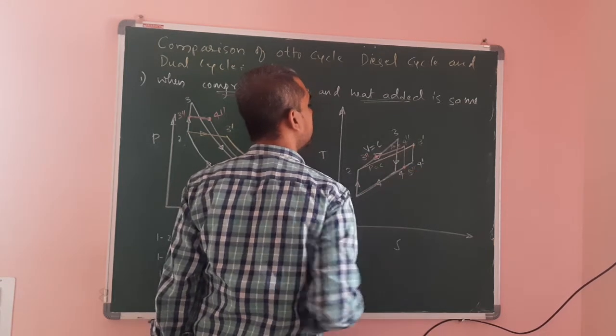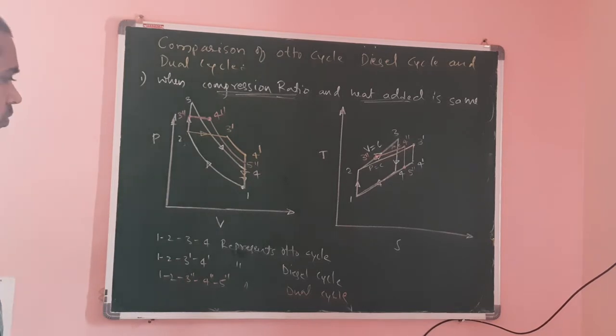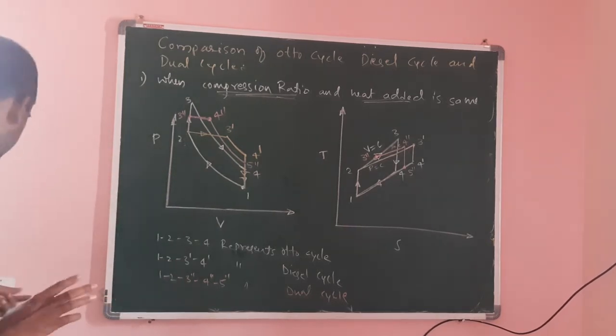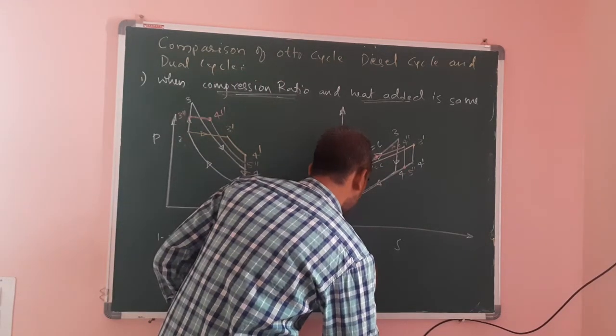Now from this, how can we judge the efficiency? I will compare first the Otto cycle.